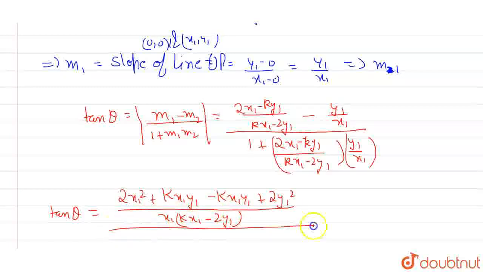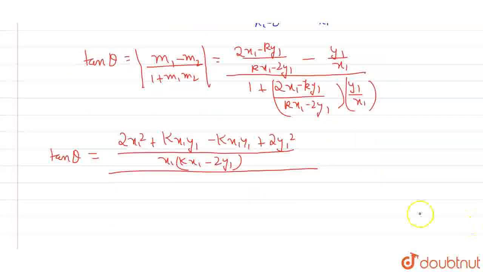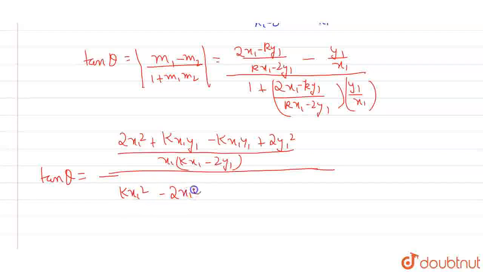Similarly, the big denominator part we have here. So I'll write tan theta here. This is the denominator part now. So this will come out as k x1 square minus twice of x1 y1 plus twice of x1 y1, and this will be k y1 square.